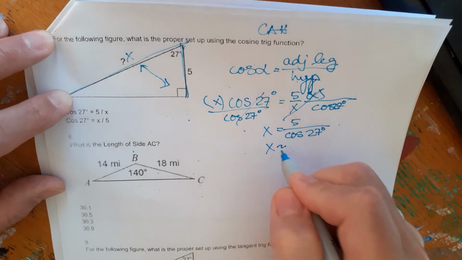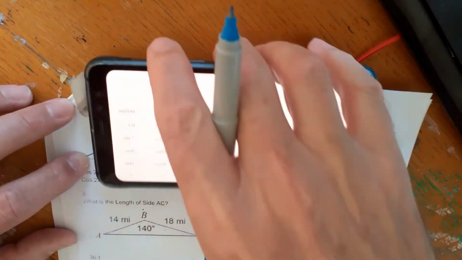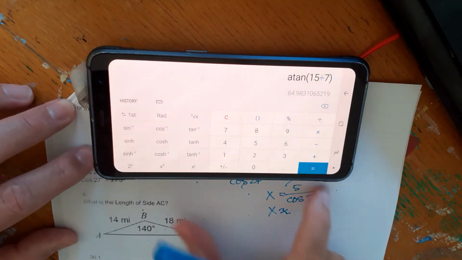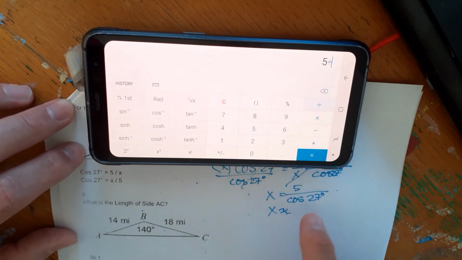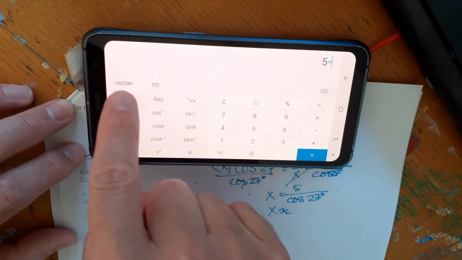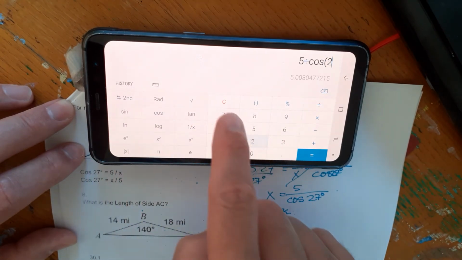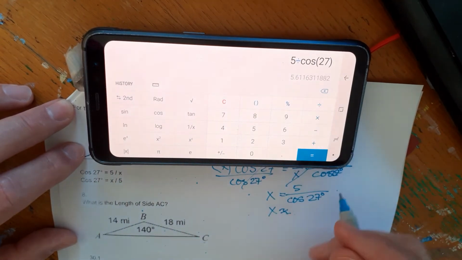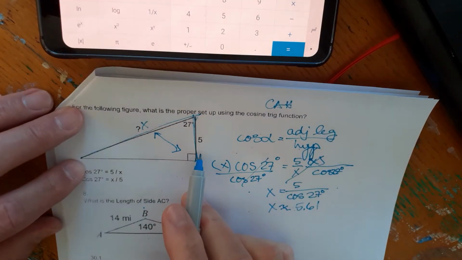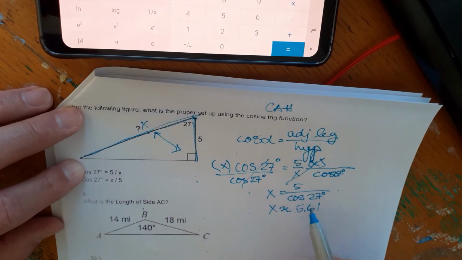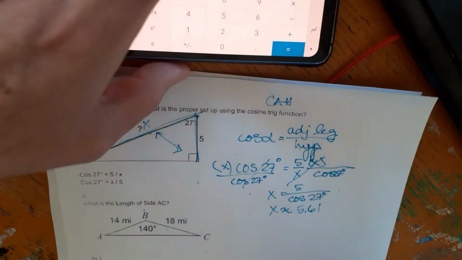I'm going to get x is approximately equal to 5 divided by cosine 27. Switch back, cosine 27, 5.61. And that's how long this side is here. So if this is 5, it makes sense that the hypotenuse is longer at least. That part makes sense to me, 5.61.